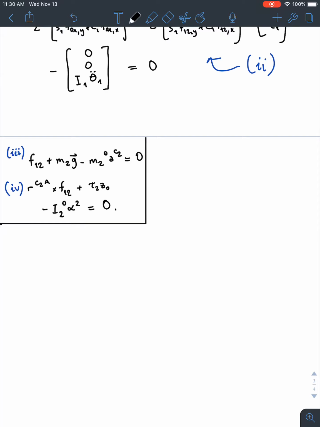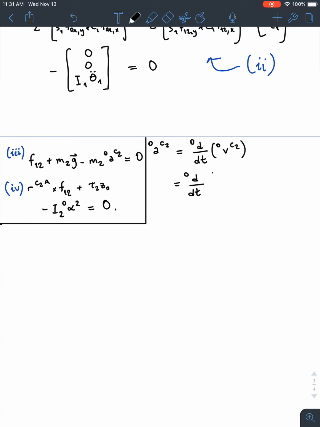My purpose here is to express the acceleration of c2 in 0. As you know, by definition that is the derivative in the zeroth frame of the velocity of c2 in the zeroth frame. And that's by definition the derivative of a vector that goes from a point fixed in the world frame to the point c2.